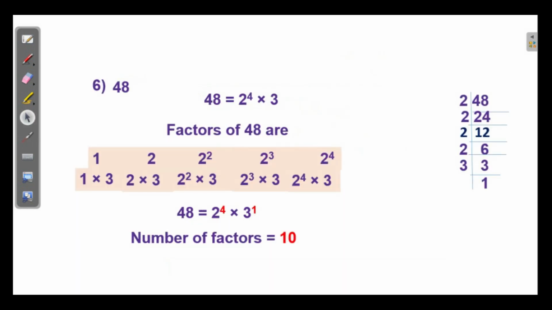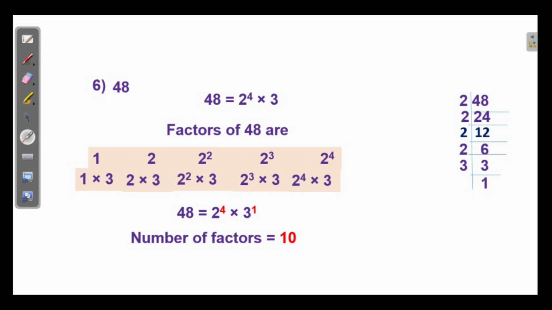48. 48 also can be written as 16 into 3. 16 means 2 raised to 4, so 2 raised to 4 into 3. Factors of 48 are here also written in an order. Here first one is 2 raised to 4. So here 1, 2, 2 square, 2 cube, 2 raised to 4.